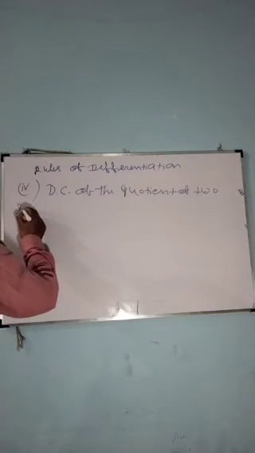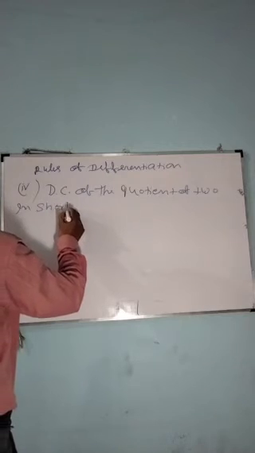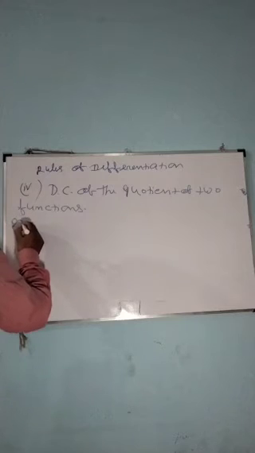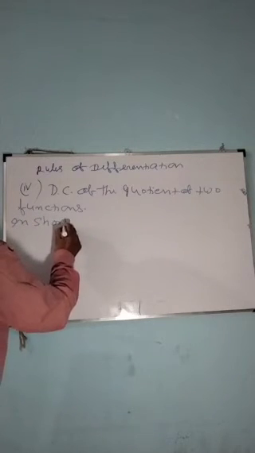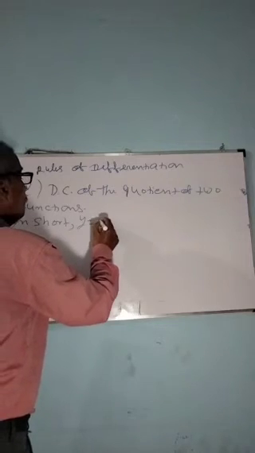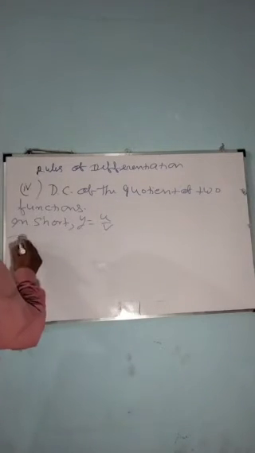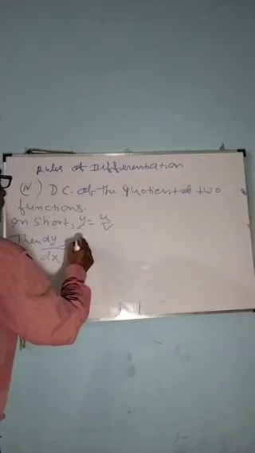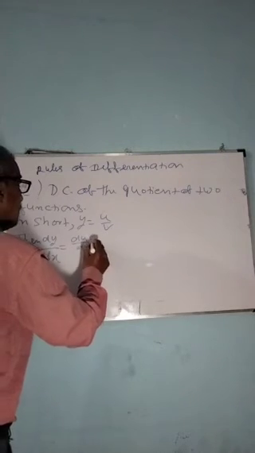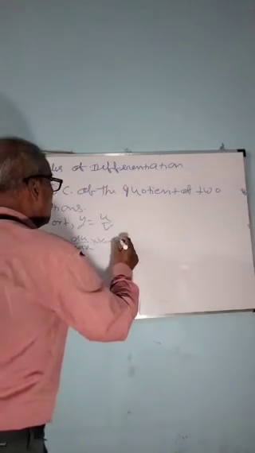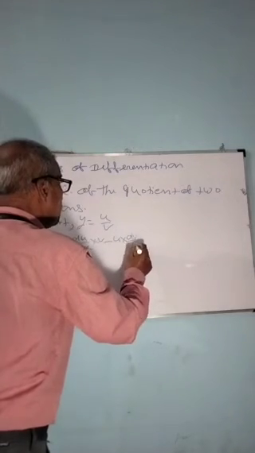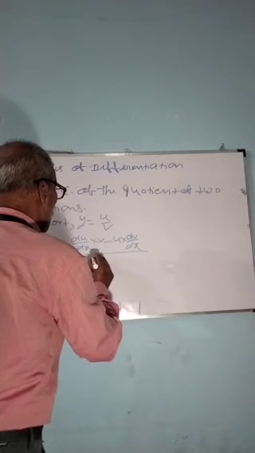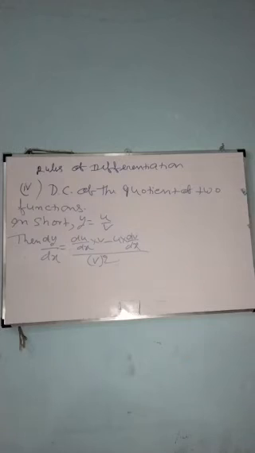In short, y is equal to u by v, then dy by dx equal to du by dx into v minus u into dv by dx, by v whole square. I also give an example.